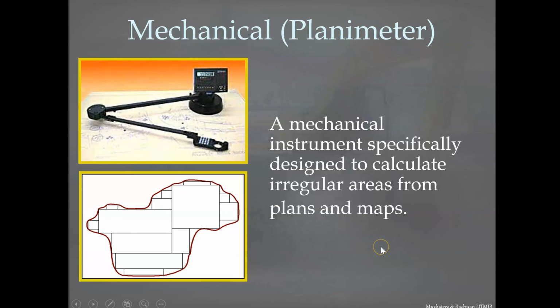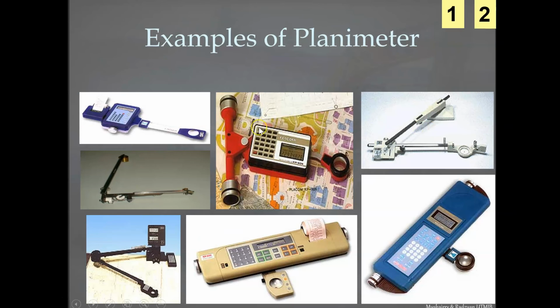There are many versions or many examples of planimeter. We've got digital ones, we've got analog, that's truly analog. We've got an arm version, we've got a roller version, a version with printout.